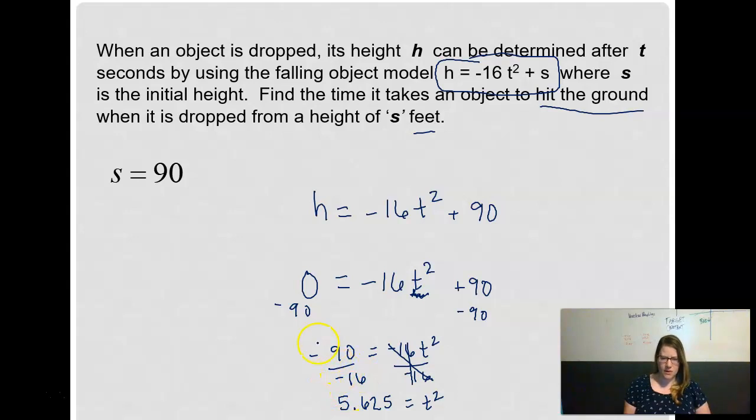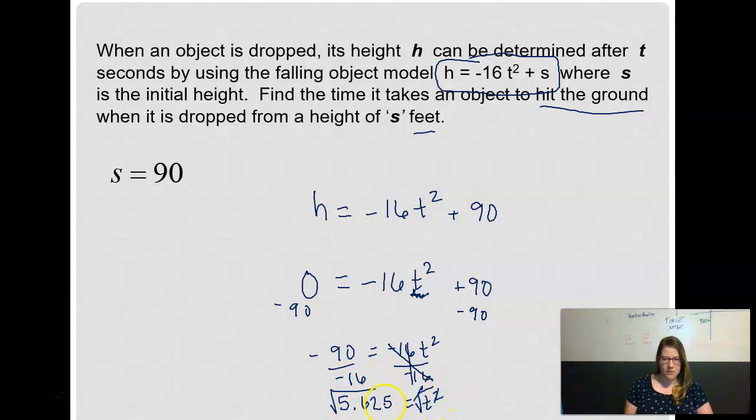Again, even though we don't usually round to a decimal in some of those other problems when it said to keep it in exact form, since we're working with a story problem here and we actually want to know the approximation of how much time it would take, we are going to go ahead and round this to a decimal.